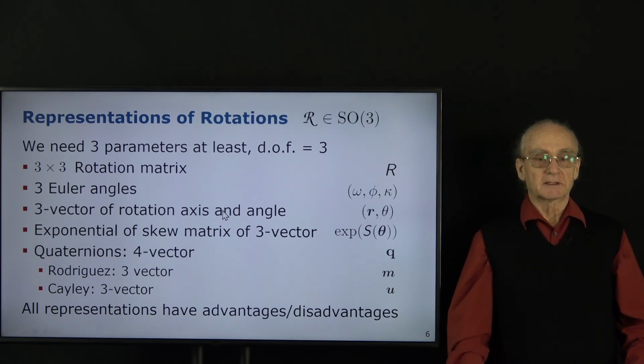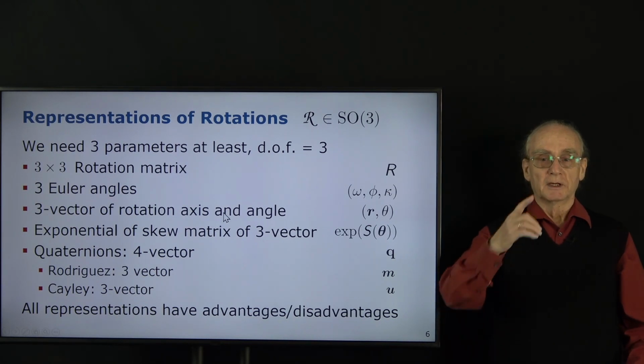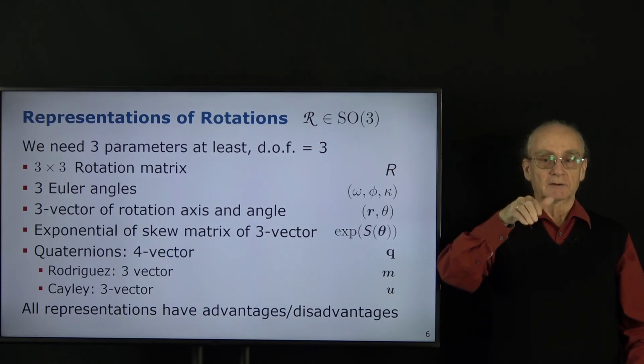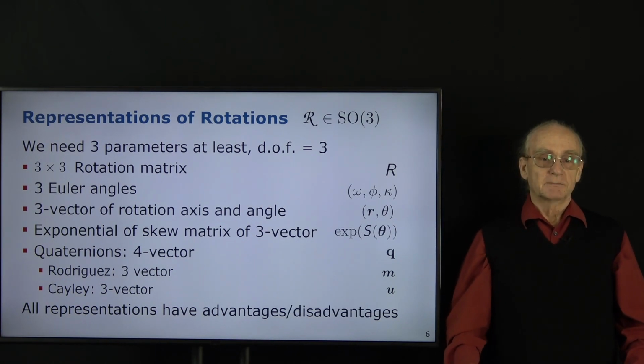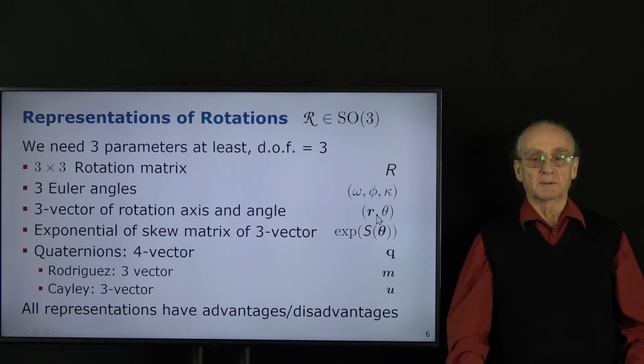Then we will see that there is a representation which is based on the direction of the axis and a rotation around this axis. Then there is a mathematically quite interesting definition using an exponential of a skew matrix of a 3-vector, which is the rotation vector, which is the product of the direction of the axis multiplied with the angle.